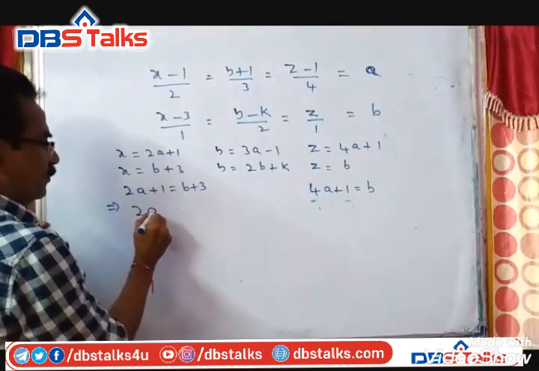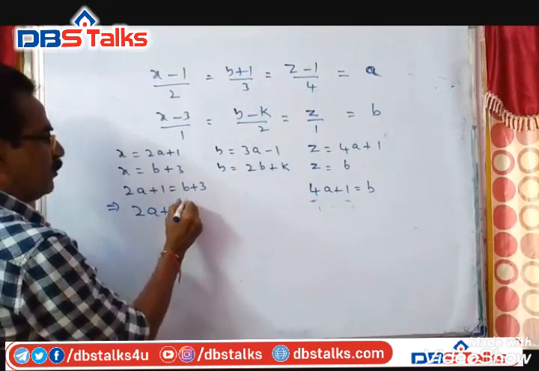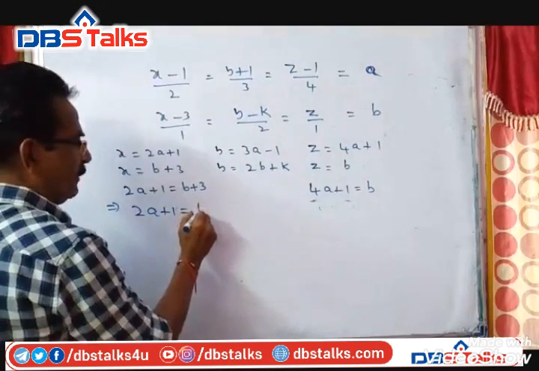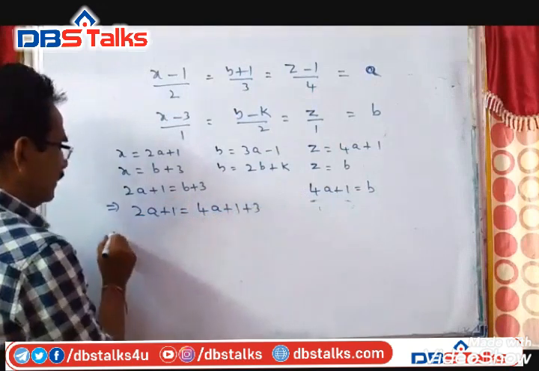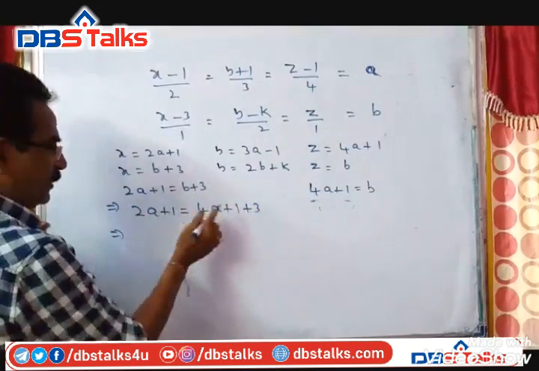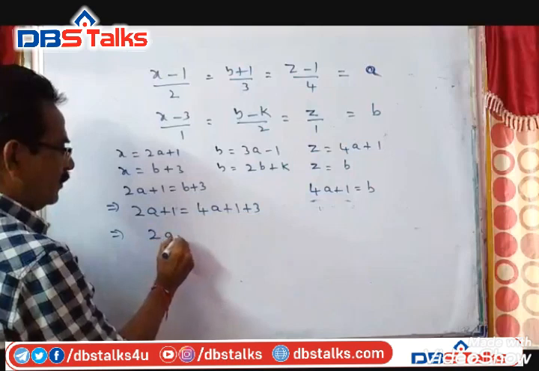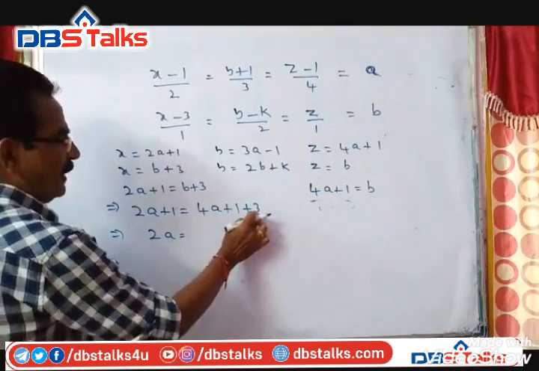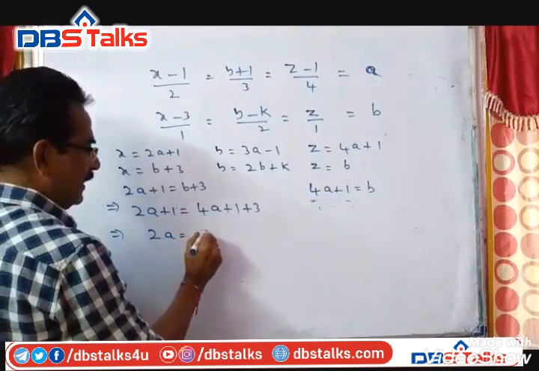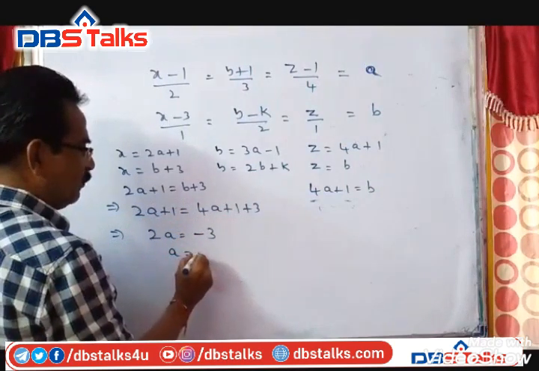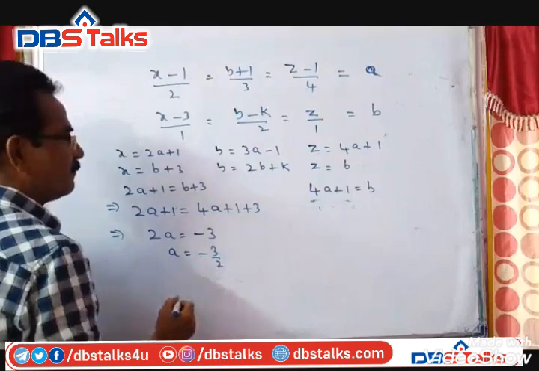Friends, see, 2a plus 1 is equal to b plus 3. B is equal to 4a plus 1, so 4a plus 1 plus 3. It implies 2a is equal to 4 minus 4 plus 1 minus 3, so a is equal to minus 3 by 2, friends.